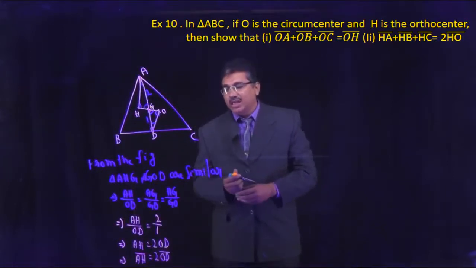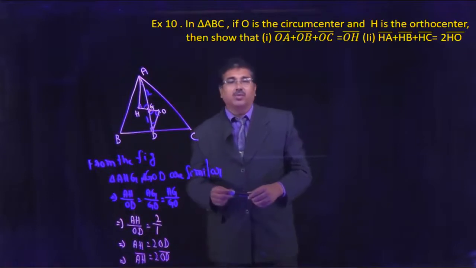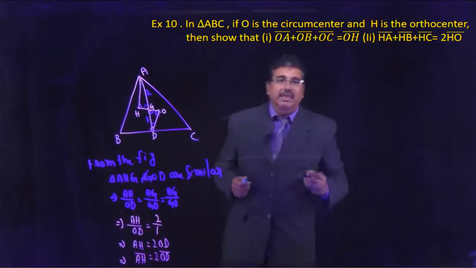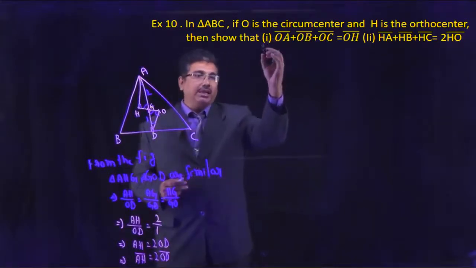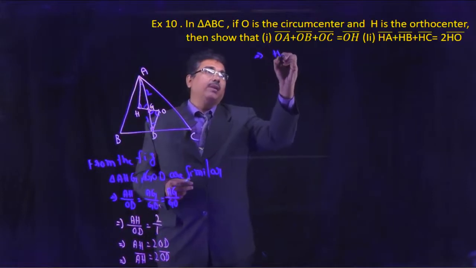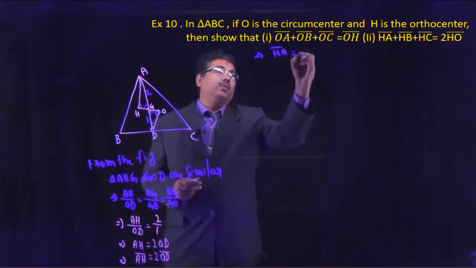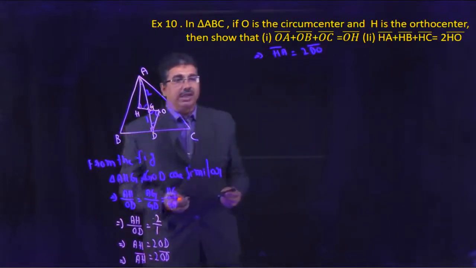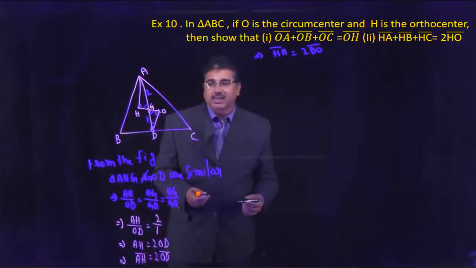AH bar is equal to 2 times OD bar. That implies HA bar is equal to 2 times DO bar, right?